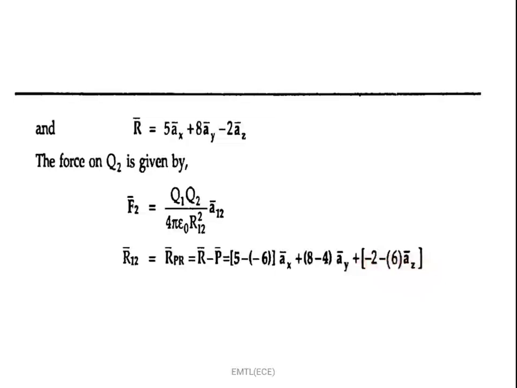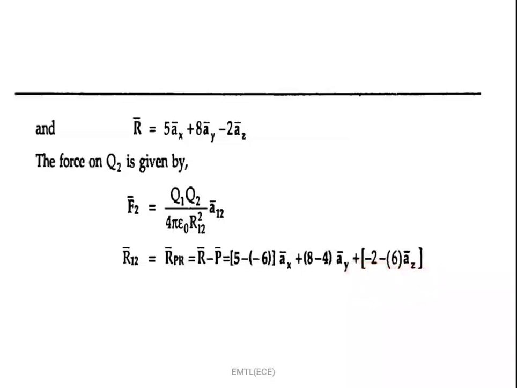So 5 minus minus 6, minus minus plus, so that is 5 plus 6, here 11 ax bar, plus 8 minus 4, that is 4 ay bar, plus minus 2 minus 6, that is minus 8 az bar.